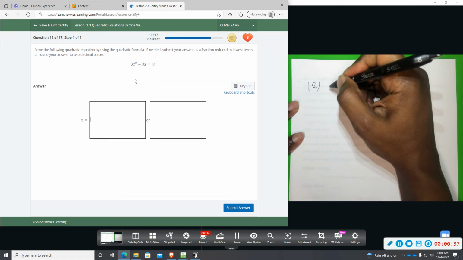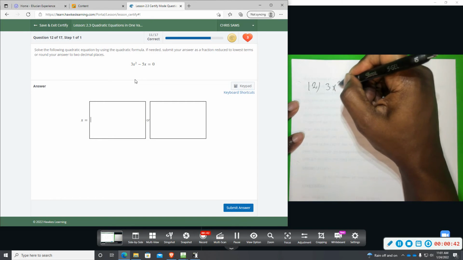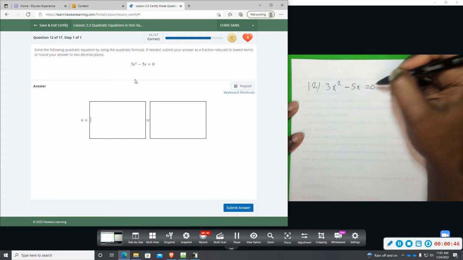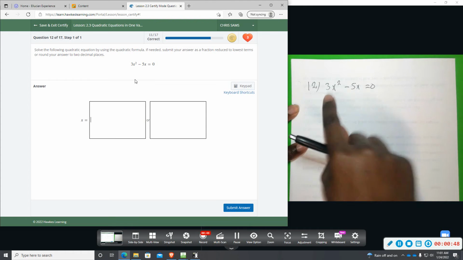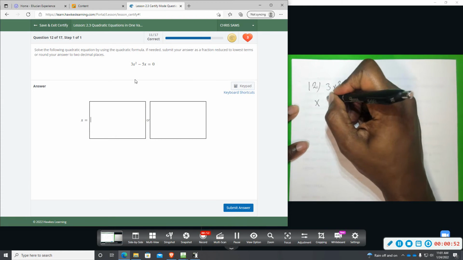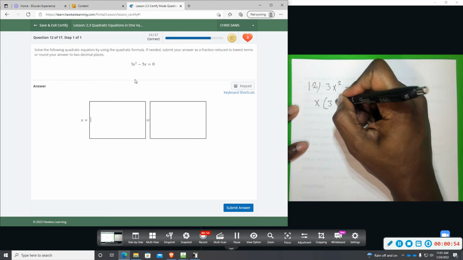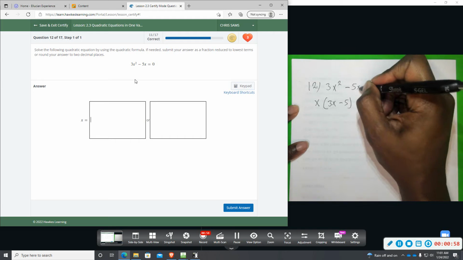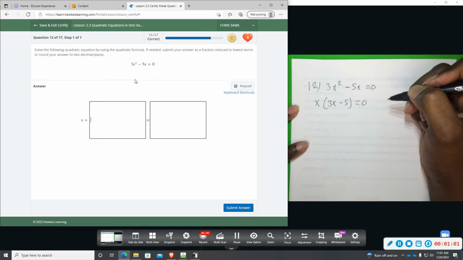So the easier method would just be to factor this. This is 3x squared minus 5x equals 0. I would simply factor out an x from both terms, and that will leave you with x times 3x minus 5 equals 0.